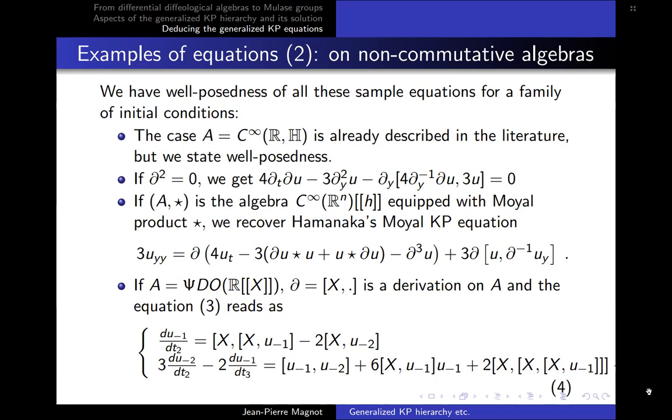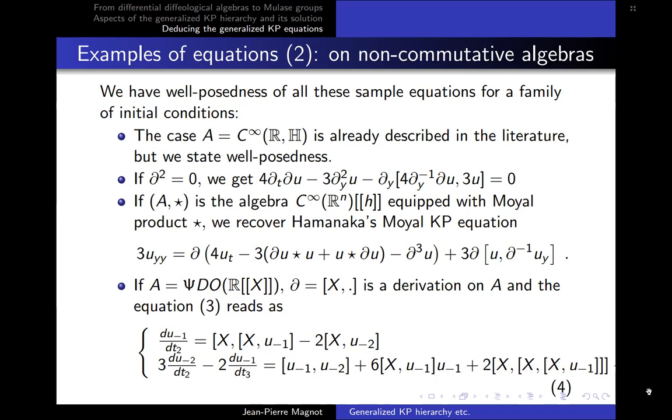Another example. Consider an algebra which is obtained by deformation with a Moyal product. Then the corresponding KP equation has already been stated, and we recover the KP equation which already exists.